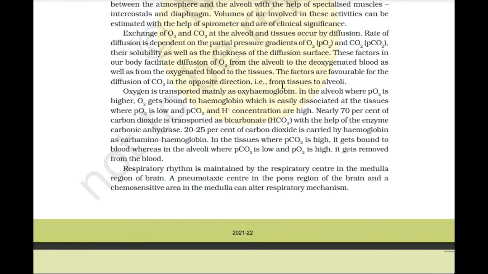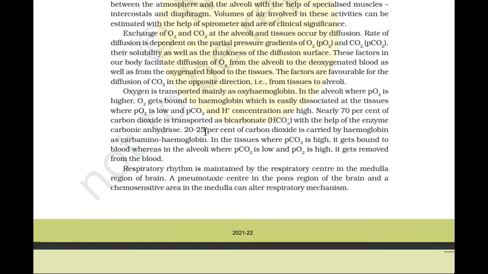Oxygen is transported mainly as oxyhemoglobin. In the alveoli, where PO2 is higher, O2 gets bound to hemoglobin, which is easily dissociated at the tissue, where PO2 is low and PCO2 and H+ concentration are high.